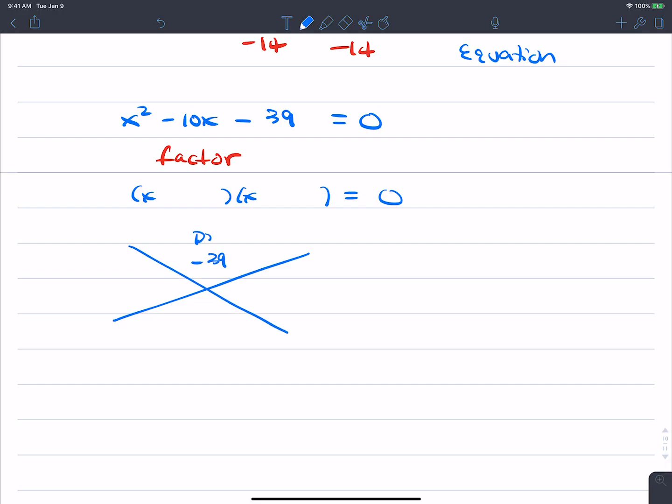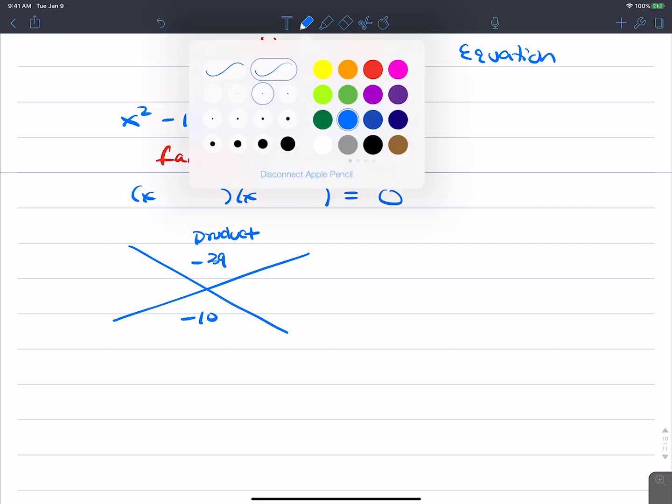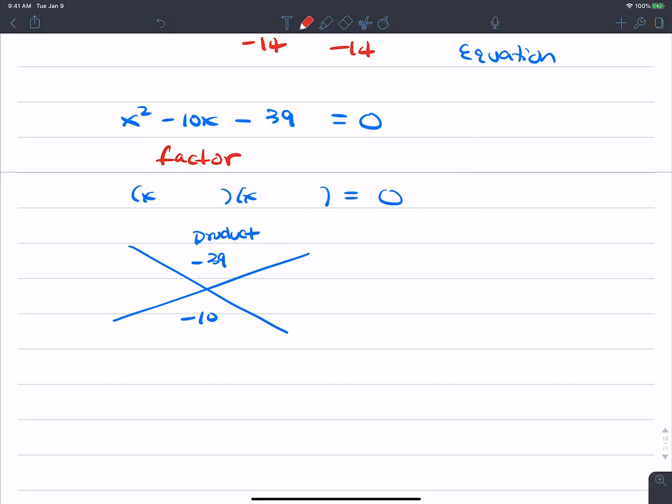My product has to be 39, right? I need two numbers. The sum is negative 10. 13 times 3. Which one is negative? 13. Let's double check. What's negative 13 times positive 3? Is that negative 39? I think it is. What's negative 13 plus 3? Is that negative 10? You guys are right. Those are the numbers here. Good.